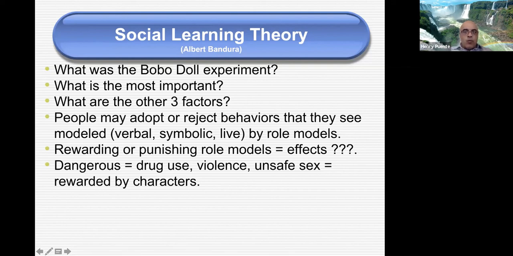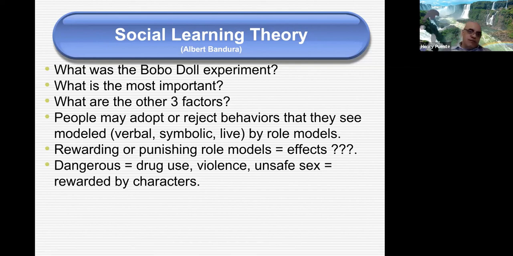And so rewarding or punishing role models affects if the audience is going to adopt. So in other words, in a movie, if somebody's rewarded for, let's say, smoking or drinking, so let's just say they like to get drunk at parties, but they're like the coolest person in school, right?